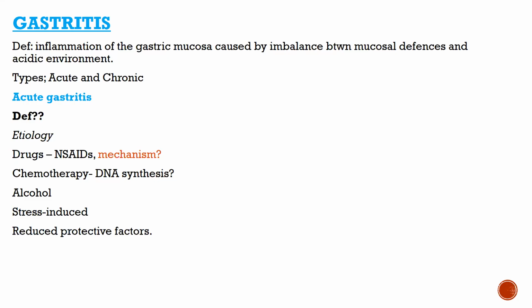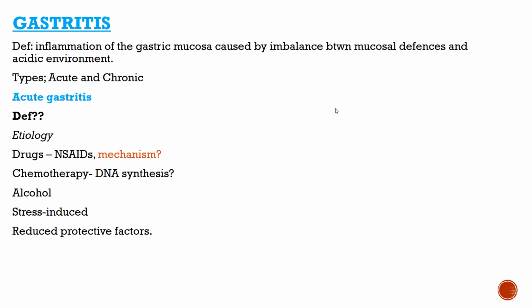Okay, how do NSAIDs cause acute gastritis? What is the mechanism? Anyone, please? You can just type it in the chat. Yeah, it inhibits cyclooxygenase.